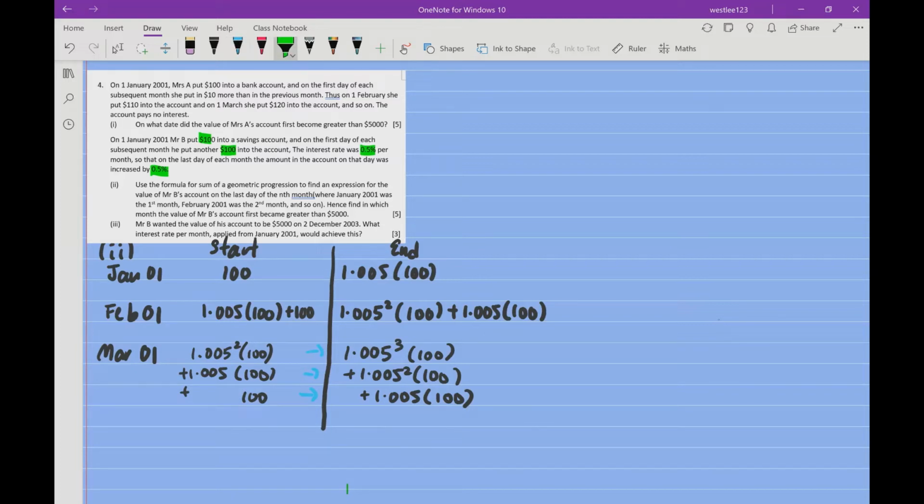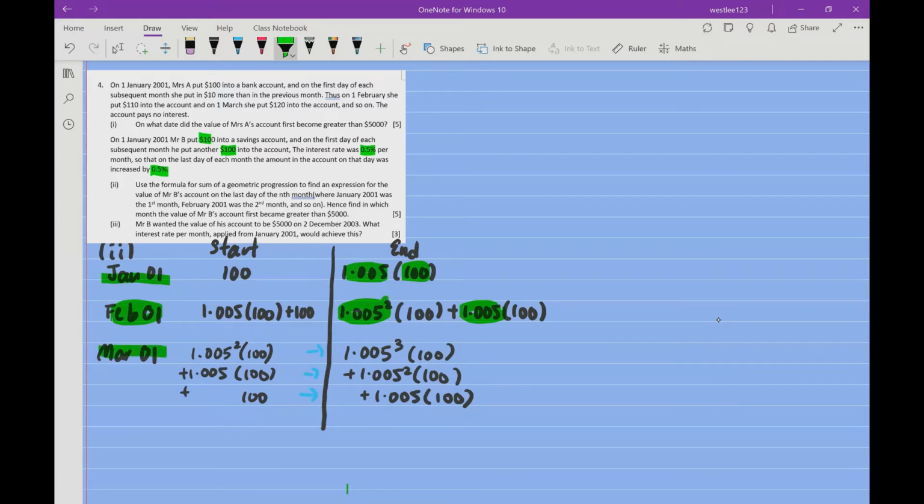Instead of continuing to write down all the April, May, June, July, we have sufficient information to observe the pattern already. Can you see that for the first month, we have 1.005 times 100. In the second month, we have 1.005 times 100 plus 1.005 squared times 100. Can you see the square?